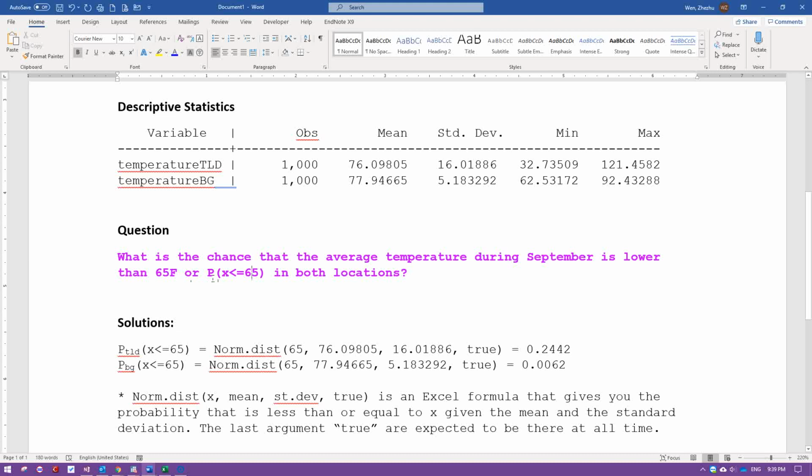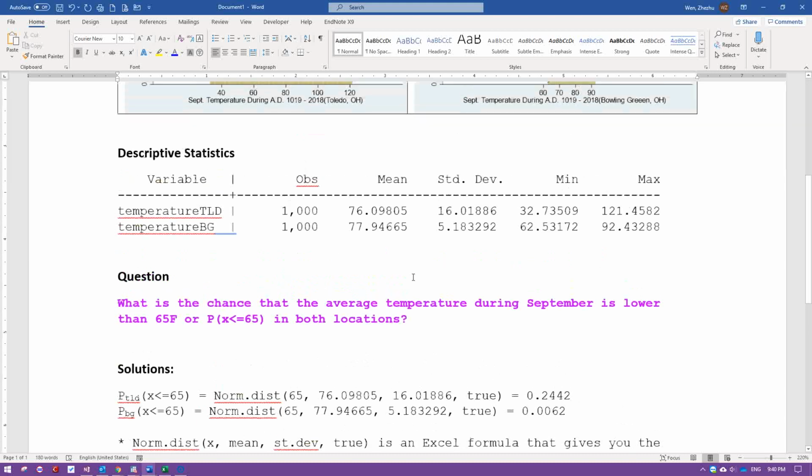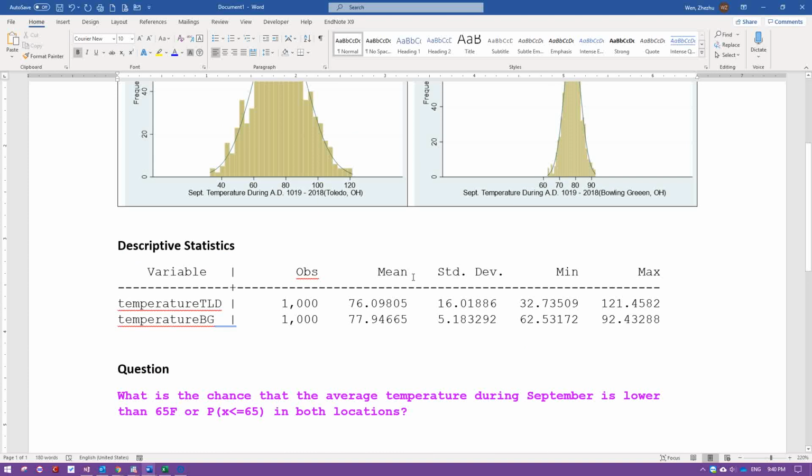This way of saying it is much more parsimonious, much more compact and concise. If you can use that, I strongly recommend you use it instead of saying a long sentence. So the question here is, what is the probability that the average temperature during September is lower than 65 Fahrenheit in both locations?